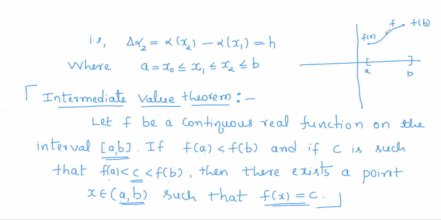Now suppose c is any intermediate value between f of a and f of b. Then corresponding to c there is a domain point x such that its image will be nothing but c. So that intermediate value will be the image of some domain point in the interval a comma b. So this is what the intermediate value theorem says for any continuous function.